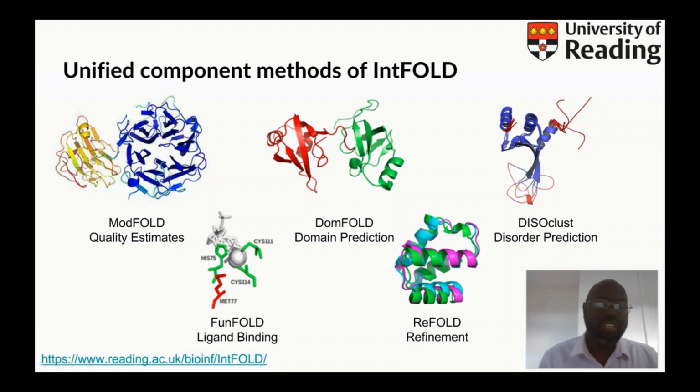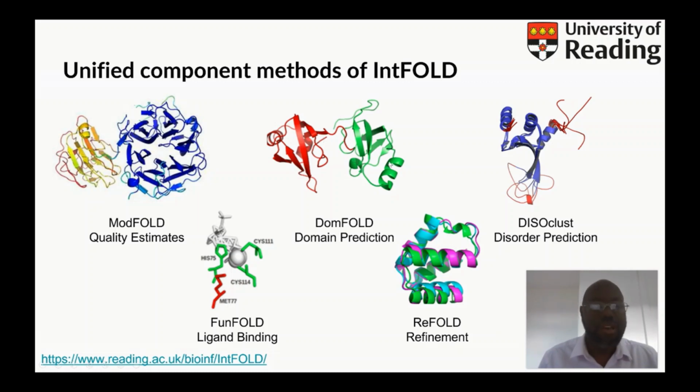The model shown here is colored by its predicted local accuracy from blue to red, blue being accurate and red being inaccurate. From this image, it is easy to tell at a glance which part of the model can be trusted and which part of the model may be inaccurate.